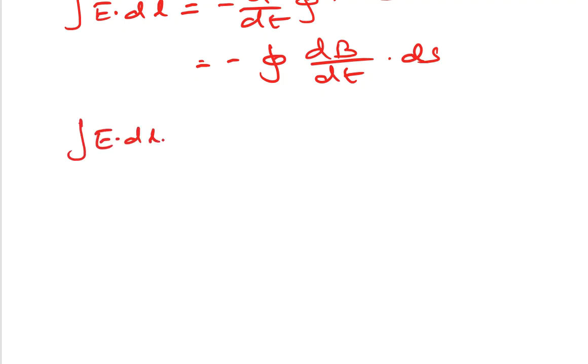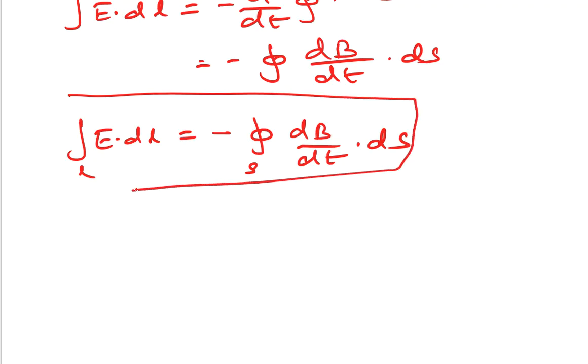I can rewrite the expression like this. E dot dl, this is a line integral, equal to minus surface integral of dB by dt into ds. If you see, this is Maxwell's third equation in integral form. Now, the left hand side is a line integral and the right hand side is a surface integral.